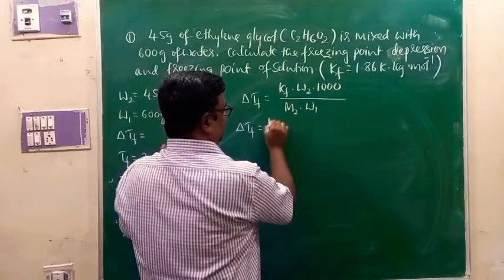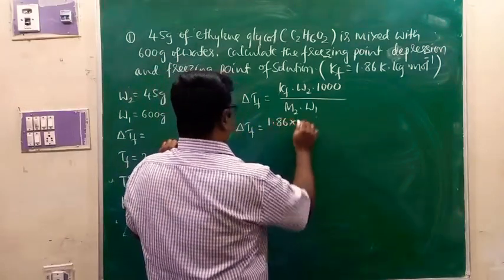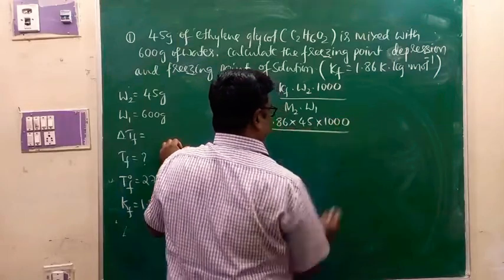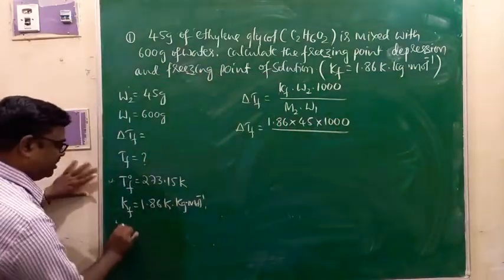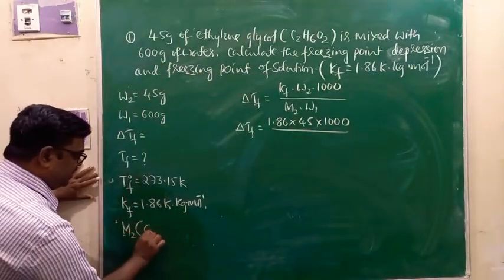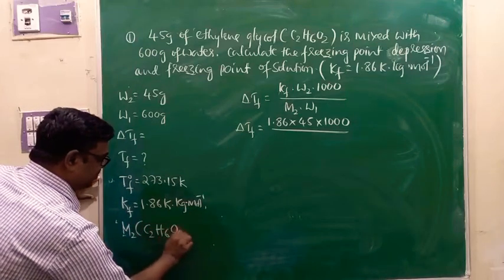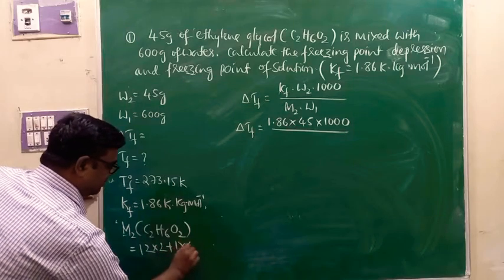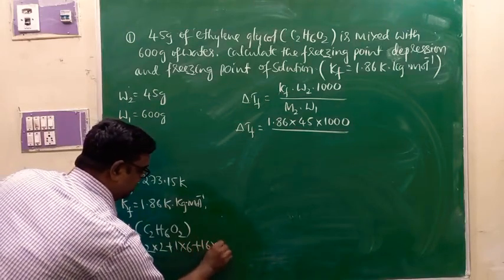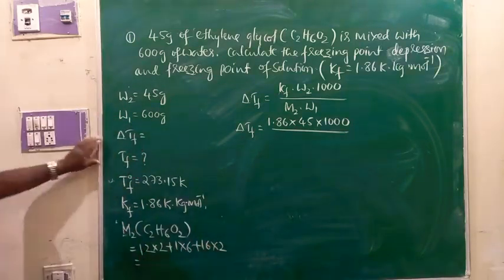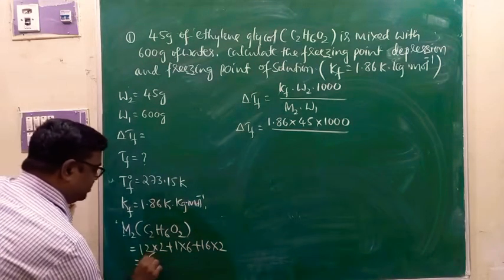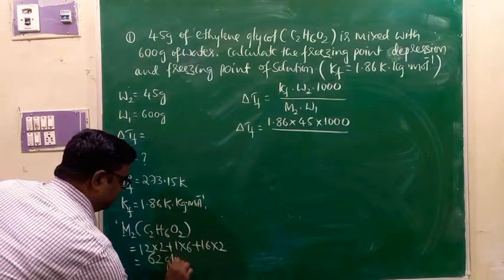Kf is 1.86, mass of solute is 45 into 1000, and you are supposed to calculate the molecular mass of C2H6O2. It is 12 into 2 plus 1 into 6 plus 16 into 2, that is 24 plus 6, which is 30, plus 32, which is 62 gram per mole.